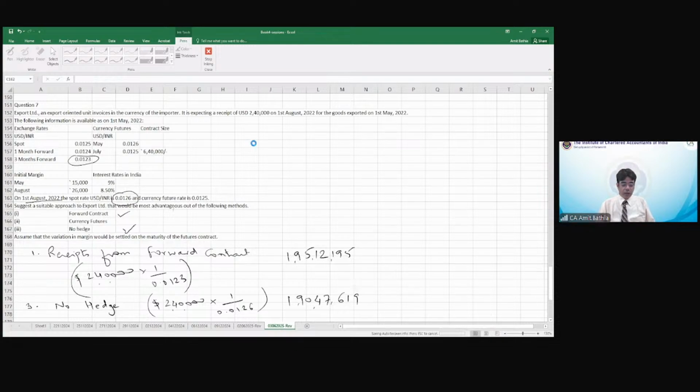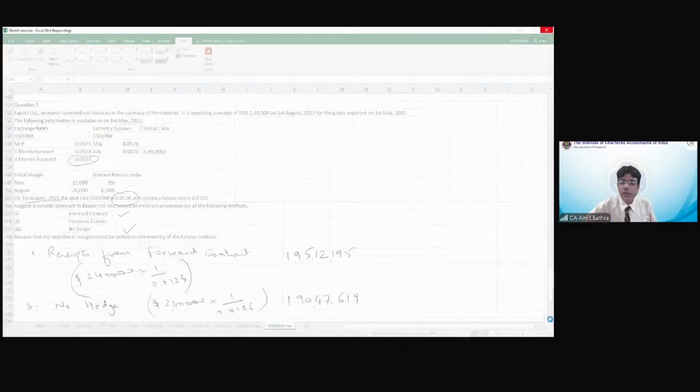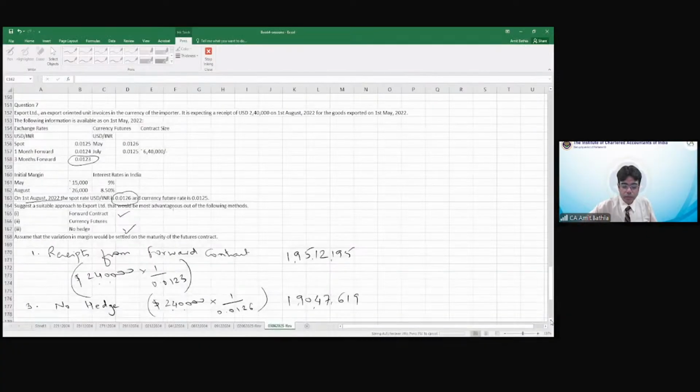However, remember when I'm going to sell it in the market at that particular point, market is giving me 0.0126. So I will take that, which is nothing but the amount which I am getting out of no hedge position. Am I right? Yes, sir. Now, why will I do that?